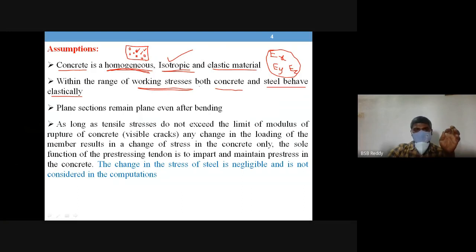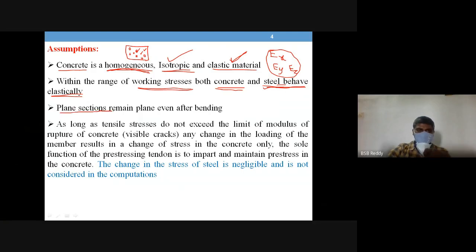So under all those working stresses, concrete and steel behave elastically. Already it is mentioned in assumption 1 that concrete is elastic. Steel is also assumed in a similar manner. And for steel you don't need to mention homogeneity and isotropy, because it is isotropic and homogeneous, as it is a factory-made material.